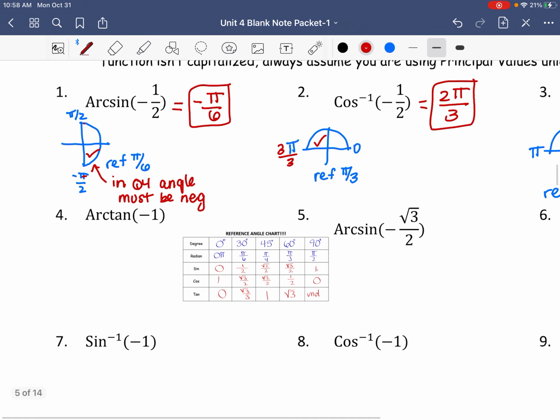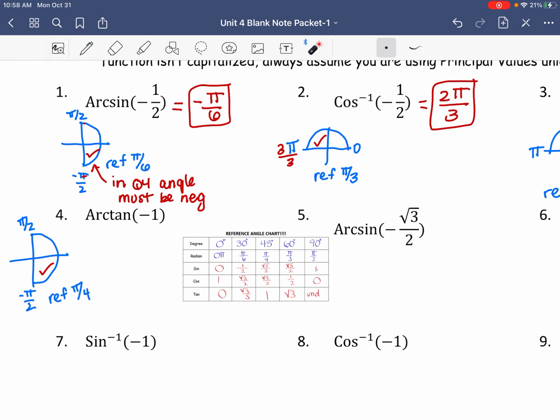Arctan negative 1. Okay, so I see arctan. We're restricted to quadrants 1 and 4. And we say, okay, which quadrant is the tangent negative in of those two? It's going to be in quadrant 4. Look at your chart.